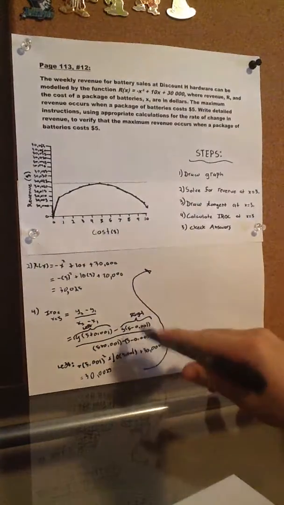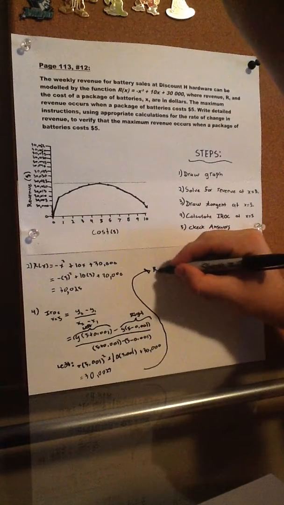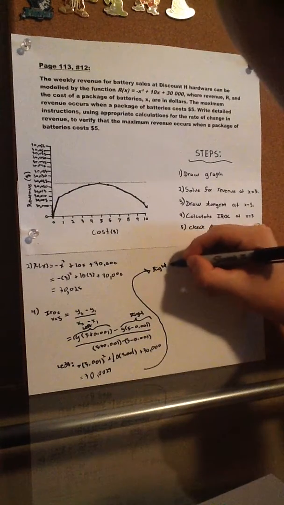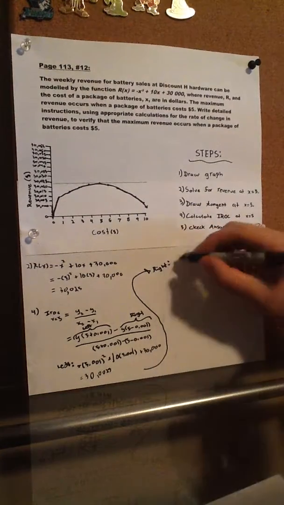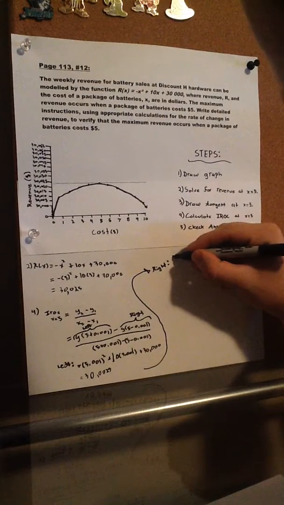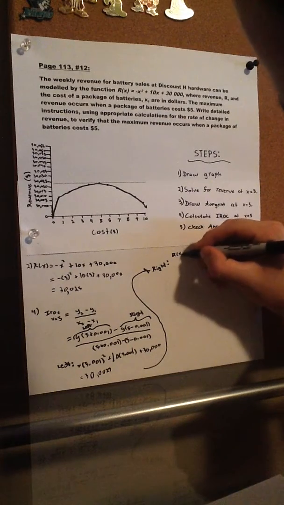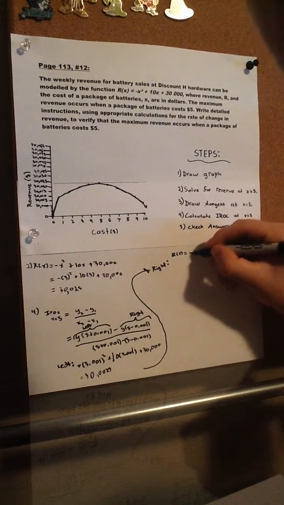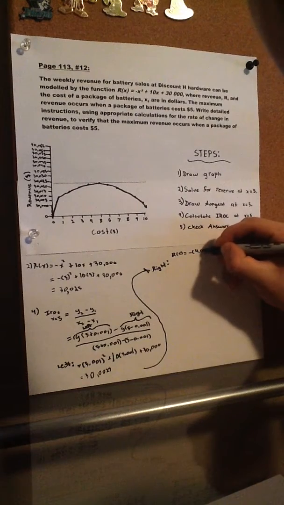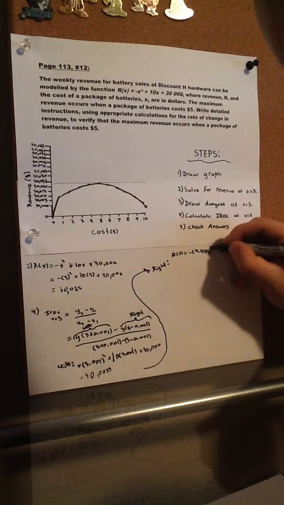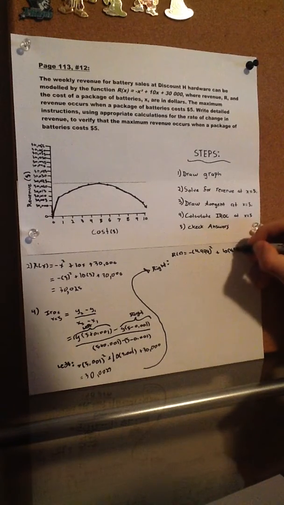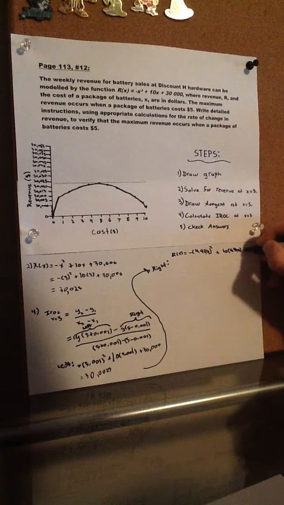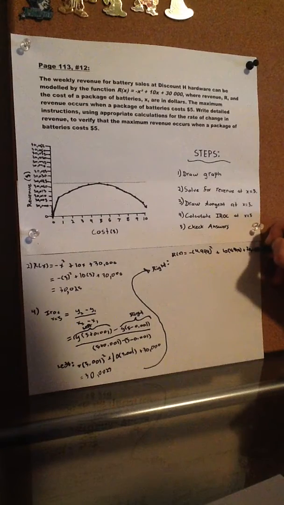So now I'll solve for the right side. So for the right side, we'll be plugging 4.999 into the equation. Negative 4.999 squared plus 10 times 4.999 plus 30,000.